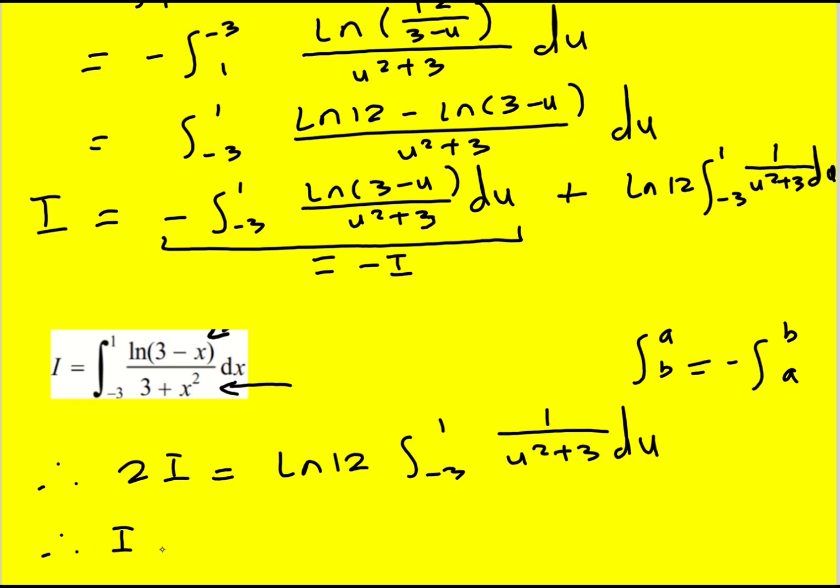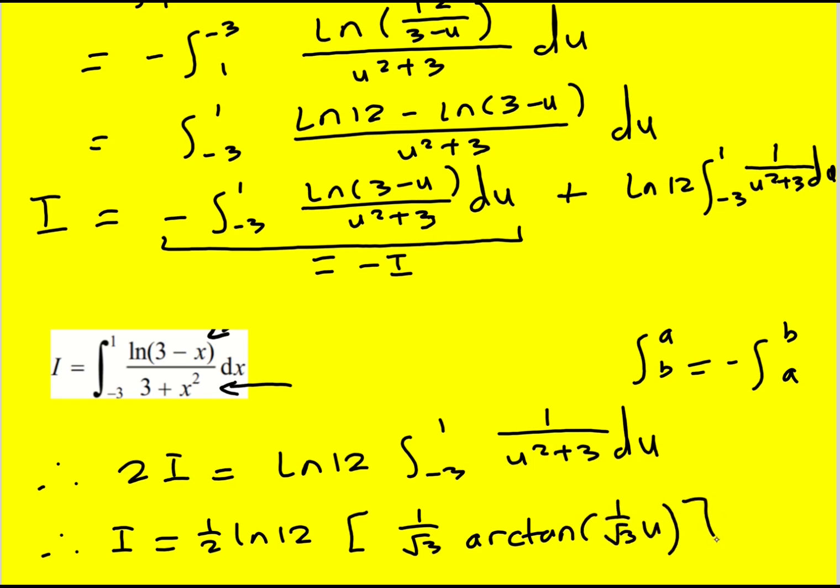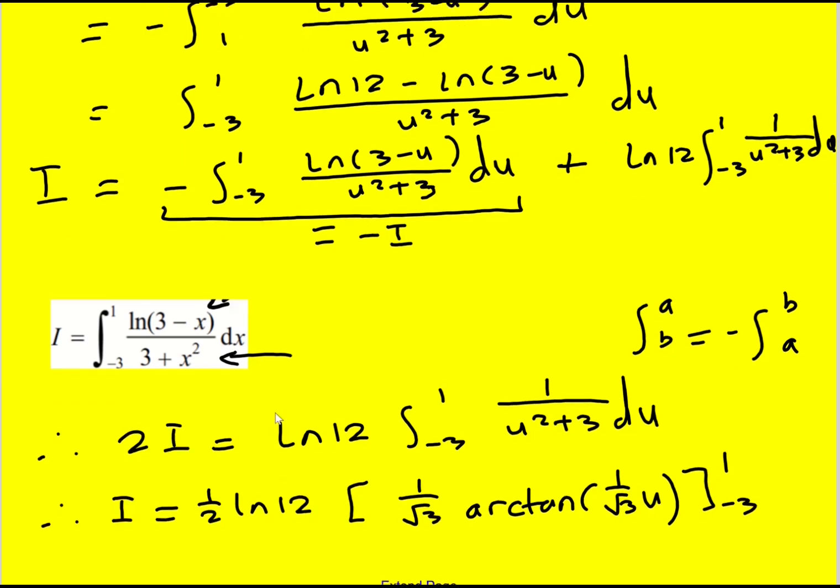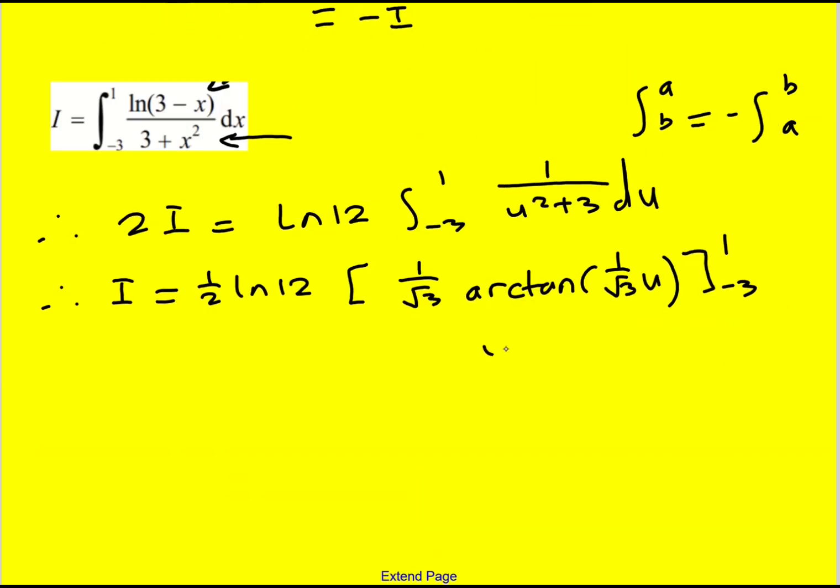So therefore, I is going to be a half ln 12, and then it's going to be 1 over root 3 arctan 1 over root 3 u, evaluated between these limits using A. I can also just bring that 1 over root 3 out to make it a little bit easier.